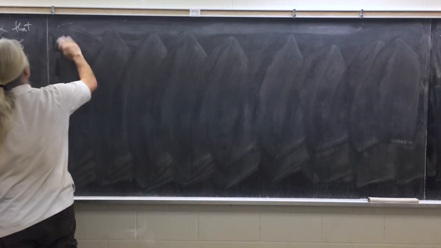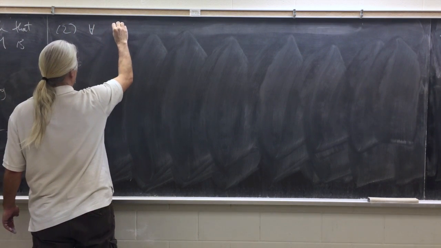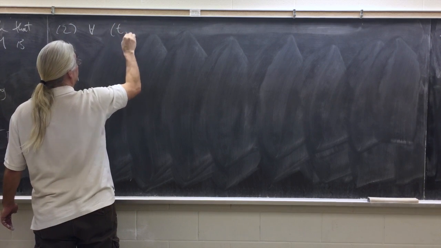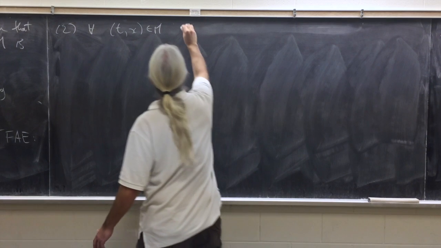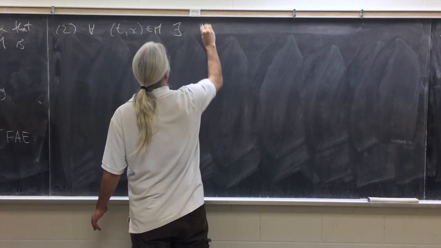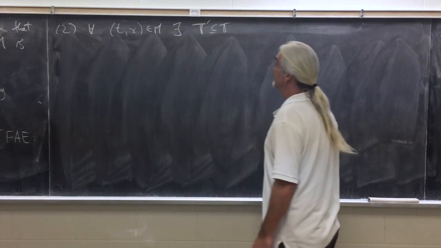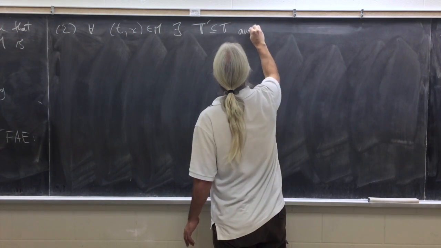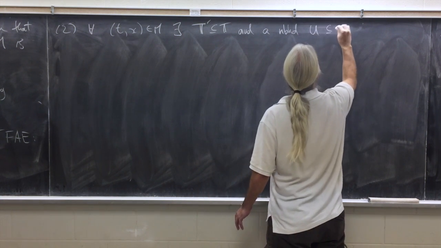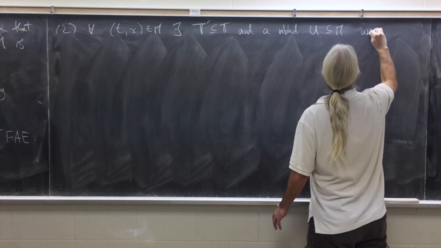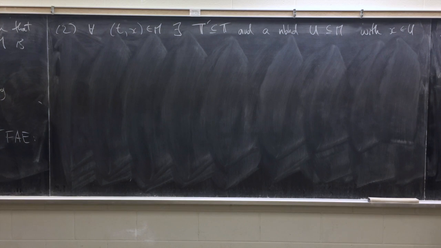All right, and then the next condition is that for every T and X in M, there exists a T prime and a neighborhood U in M of X.